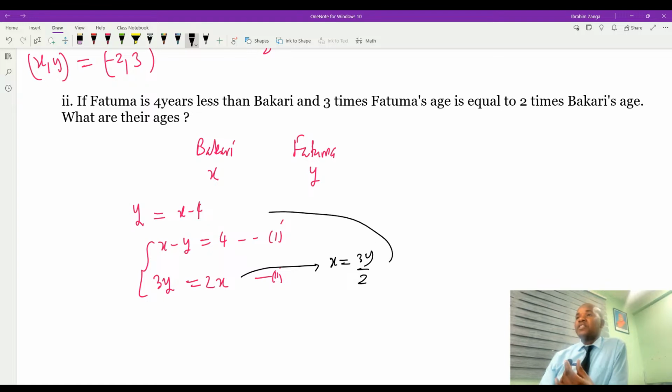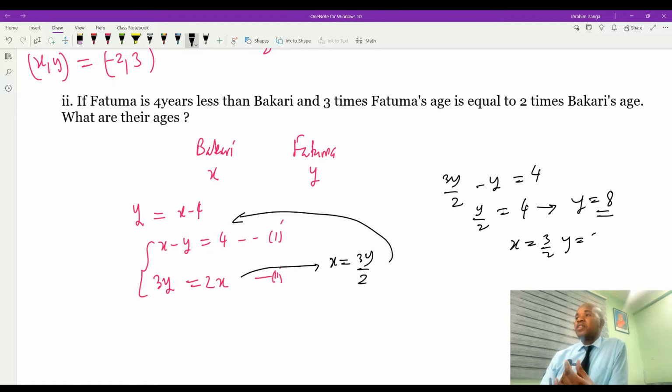And I go back to this equation so that you have 3y over 2 minus y equals to 4. When you substitute, you have y over 2 equals to 4, and eventually you have y equals to 8. What about x? X is 3 over 2y, 3 over 2 times 8. You get actually 3 times 4, which is going to be 12.